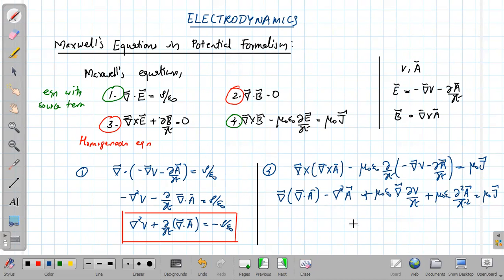Now we can combine del square A and mu 0 epsilon 0 dou square A by dou t square together, and multiply with minus. So minus del square A now becomes plus del square A, and plus mu 0 epsilon 0 dou square A by dou t square becomes minus mu 0 epsilon 0 dou square A by dou t square.